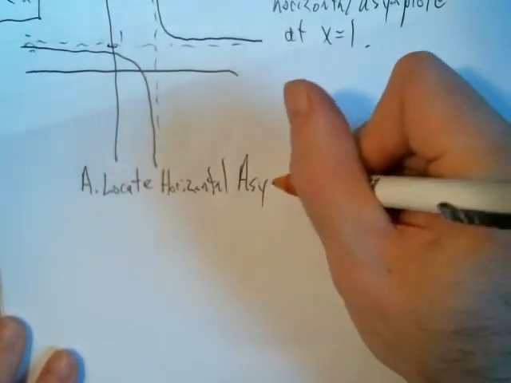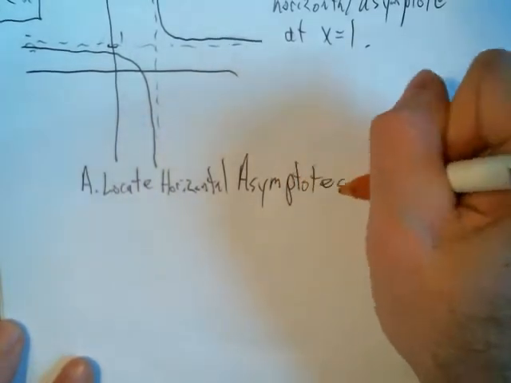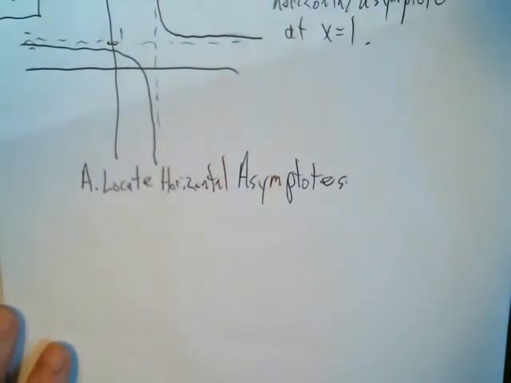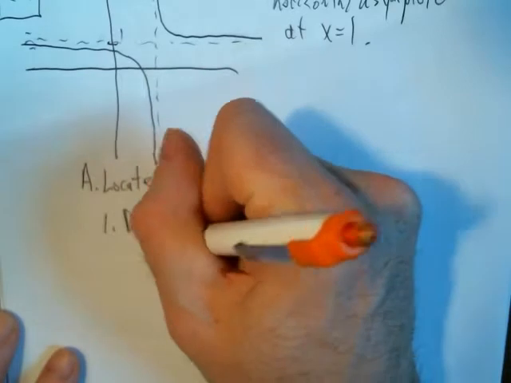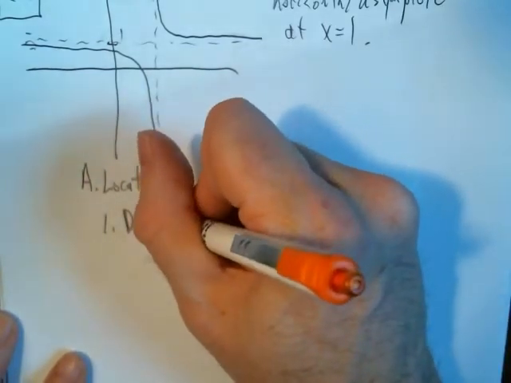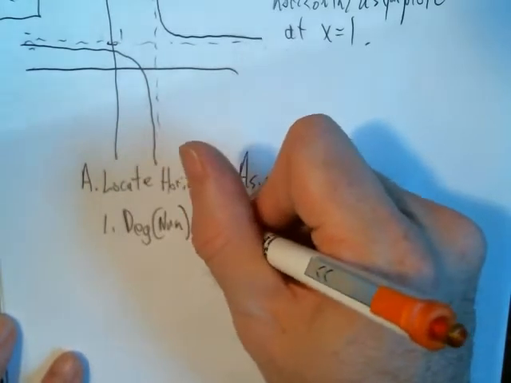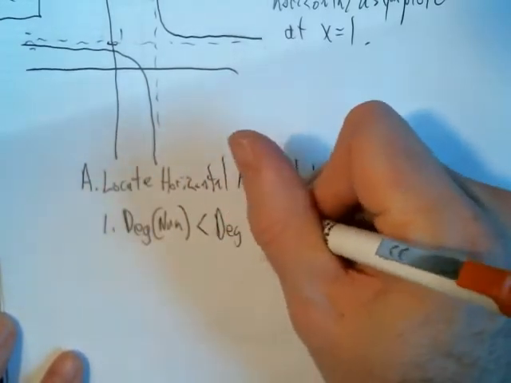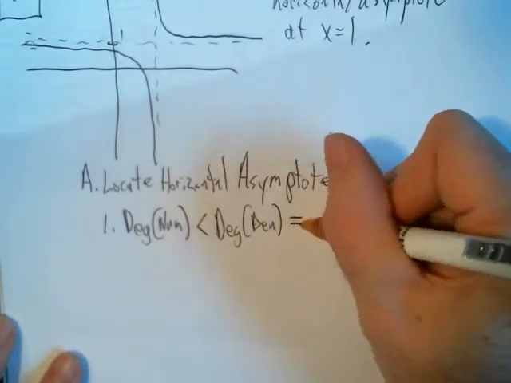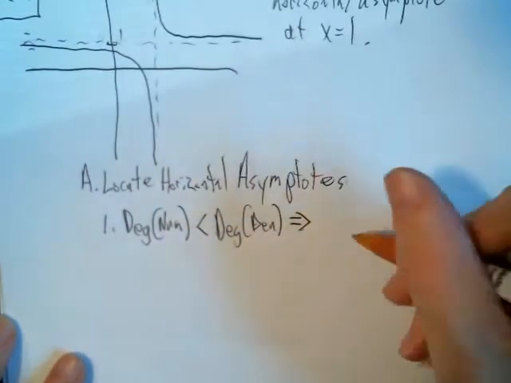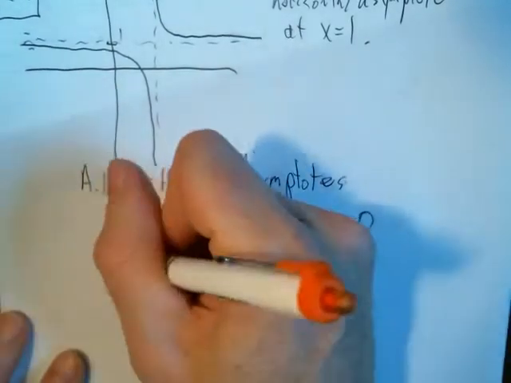By looking at the degrees of the numerator and the denominator. So, locating horizontal asymptotes. First case, the degree of your numerator is less than the degree of your denominator. In this case, you'll have a horizontal asymptote at y equals 0.